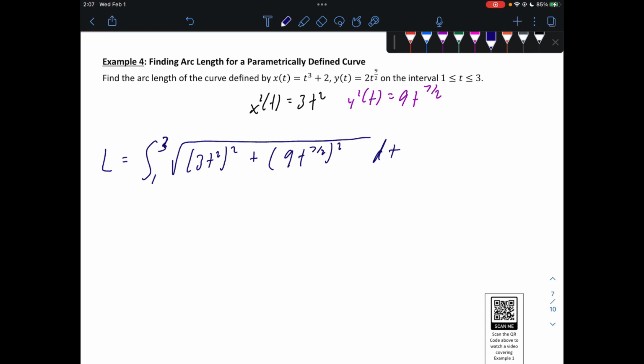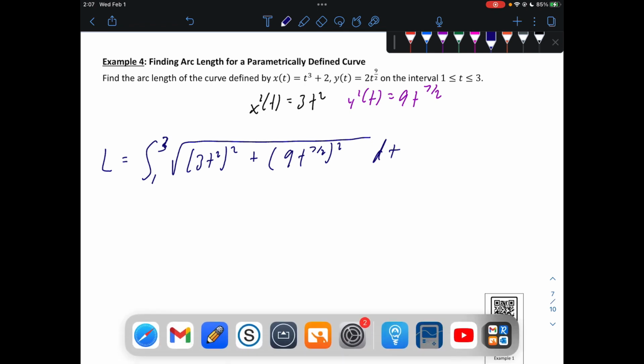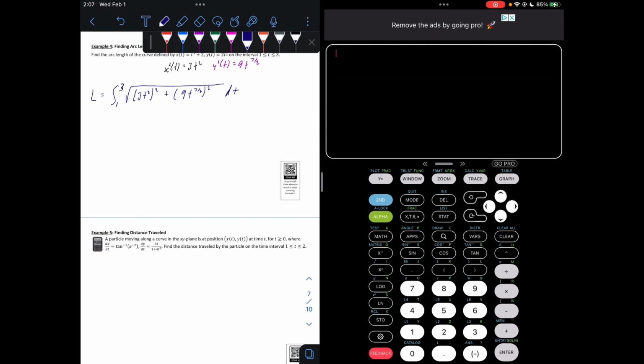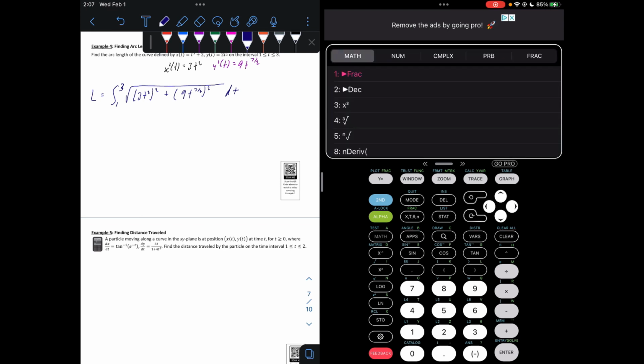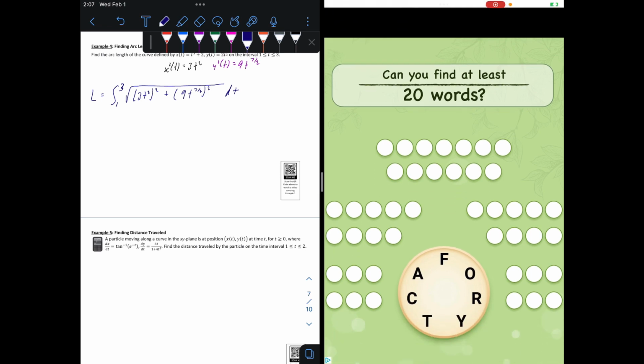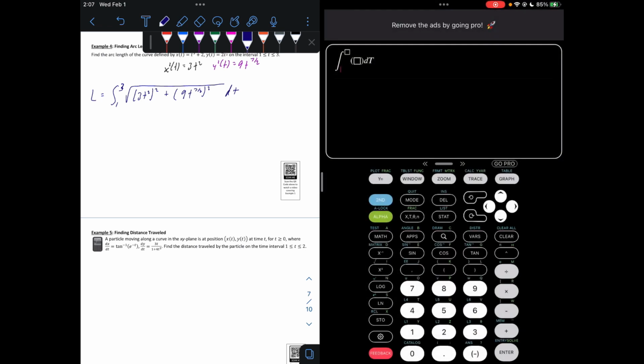You could do this by hand, but in the interest of time today, we're just going to go right through our calculator to solve this. So go ahead and bring your calculator back out. We're going to do integral. We're going to wait for this ad to go away. Integral from 1 to 3, square root of (3t squared) squared plus (9t to the 3.5) squared, dt.